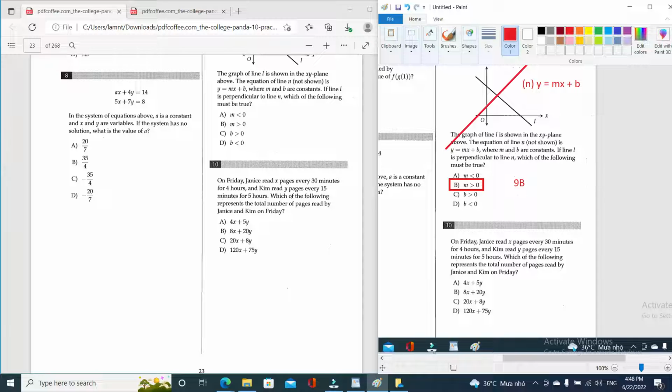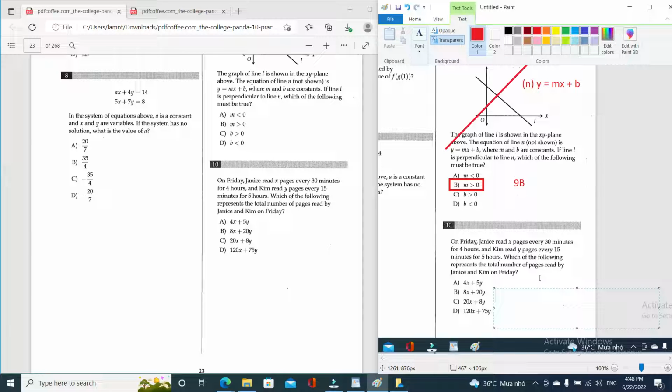Okay, so 30 minutes is a half of an hour, and she's reading for 4 hours. So x times 4 divided by 0.5, because 30 minutes is half an hour, and y times 15 minutes for 5 hours.